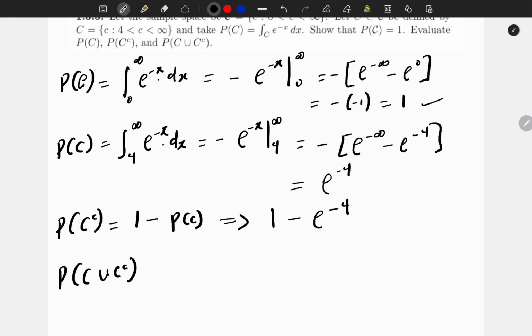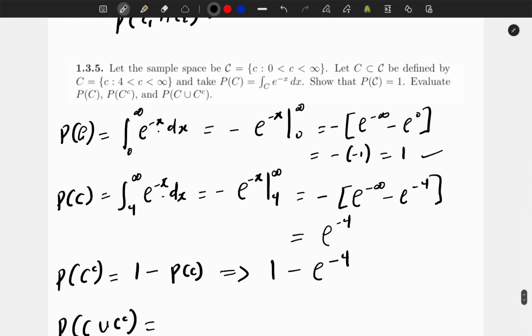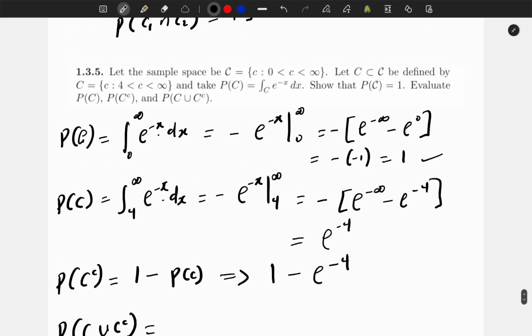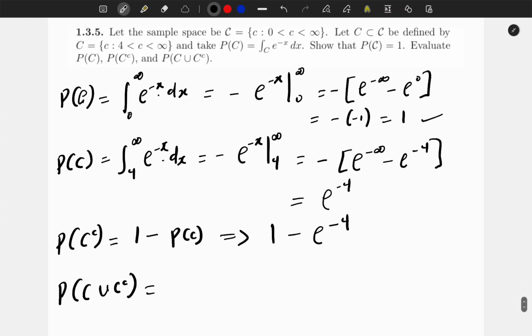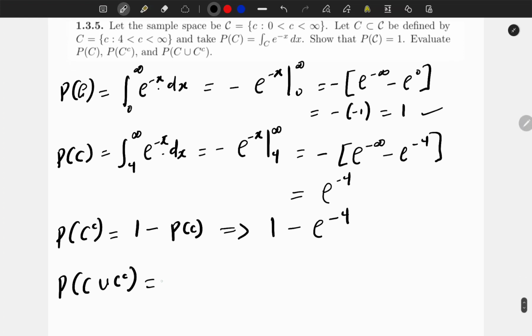Okay, so the probability of C union C complement, let's see what we are going to have. So in some way this should give us some nice solution.